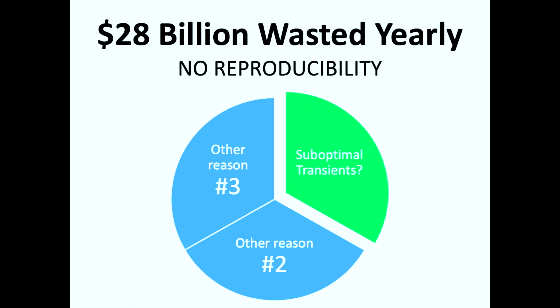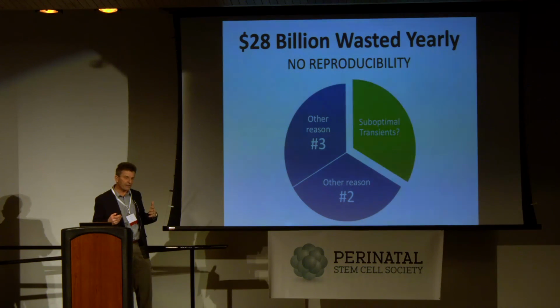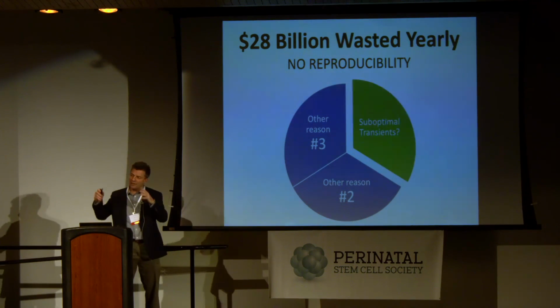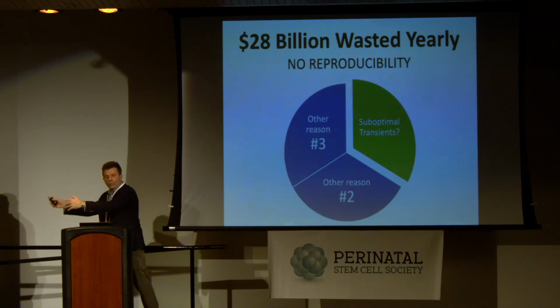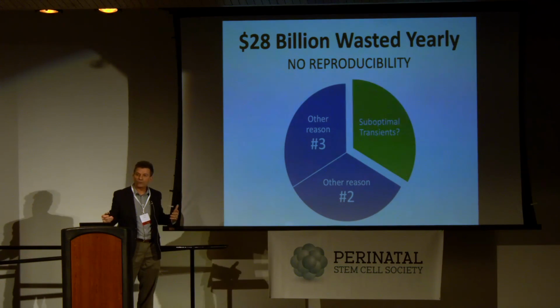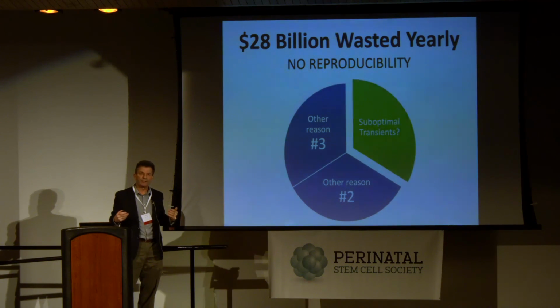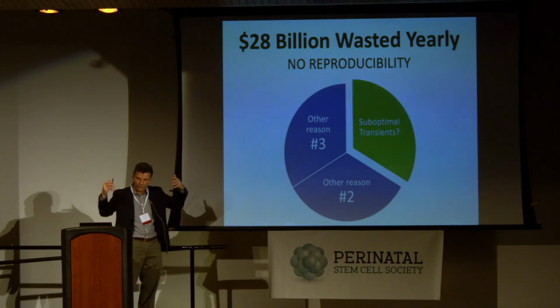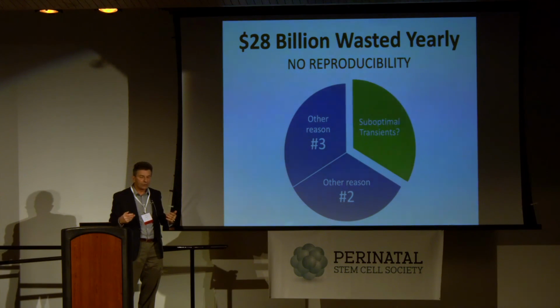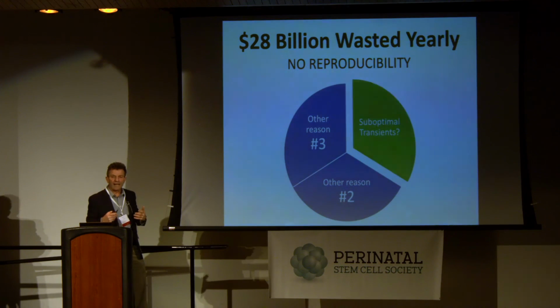Well, I'm not saying that suboptimal transients are all of that, but I am saying that what has to be done with the concept of variability is you can't just lump it into one thing. Variability is a multifactorial thing, and the only way that we can address variability is to look at it as multiple sources and then deliberately address the source of that variability.